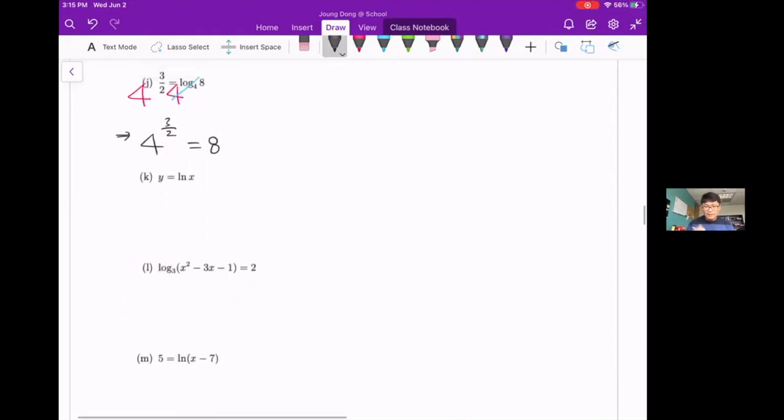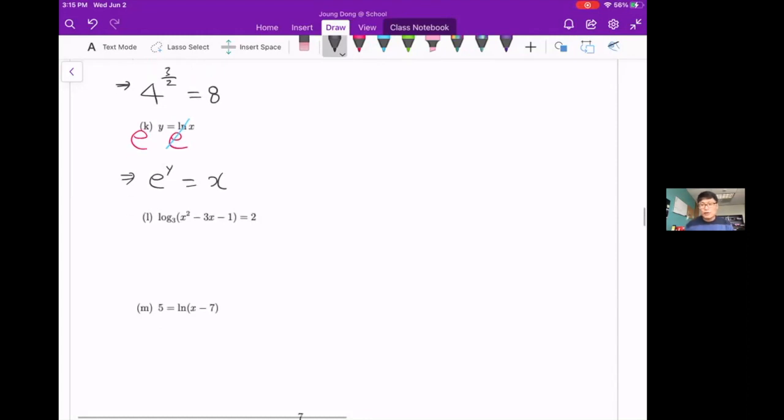And K, natural log, right? Base e, and cancel out. e to the y is x, right? And then L, again, we are not going to try to solve it. Solving the logarithmic equation is the next problem. We can talk about that one later. But anyway, we're just going to change the format.